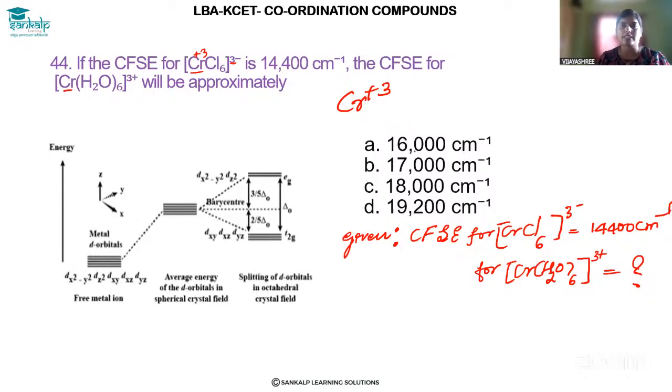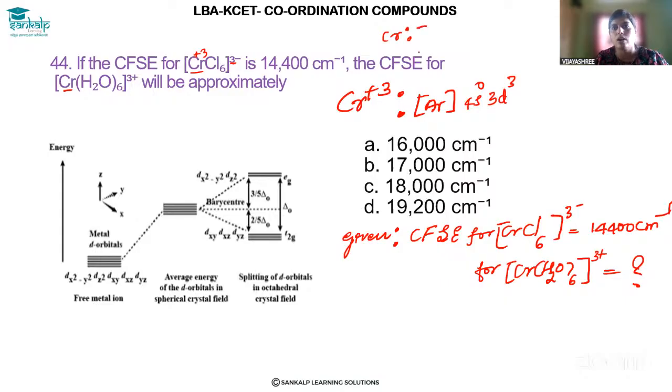Then what is the electronic configuration of chromium +3? Neutral chromium has 24 electrons. Chromium +3 means 3 electrons are lost from neutral chromium, so there will be 21 electrons. How to distribute these 21 electrons? It will be argon 4s0 3d3.